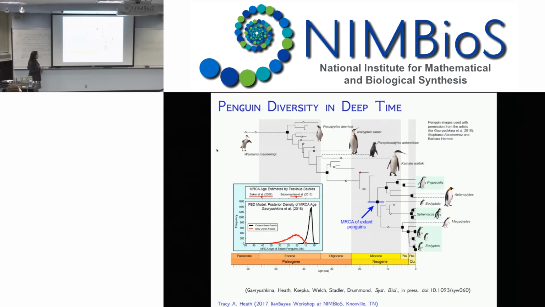So here are two previous studies. This Baker et al. study used penalized likelihood and some cross-validation approaches for getting uncertainty. And this other paper used a Bayesian approach with these calibration density methods. And so when we compare our estimate to those, we get a much younger age for the most recent common ancestor.